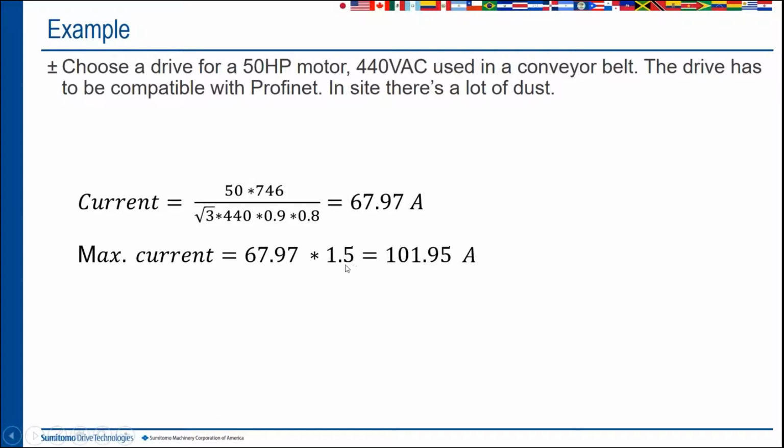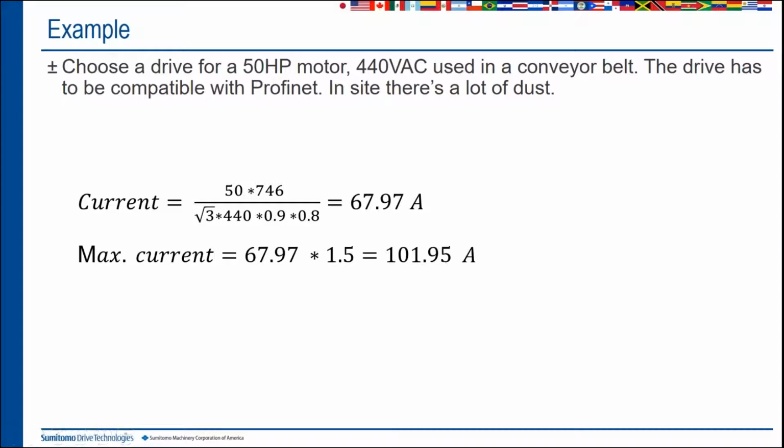So I will apply this 1.5 factor to my nominal current, and I will need at least 101, 102 amperes that need to be supplied with my drive. This is the key factor that I need to take into account.